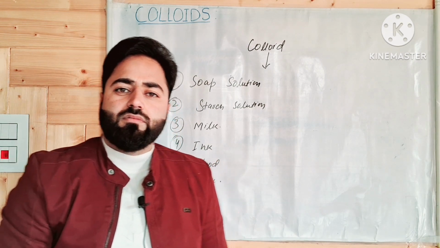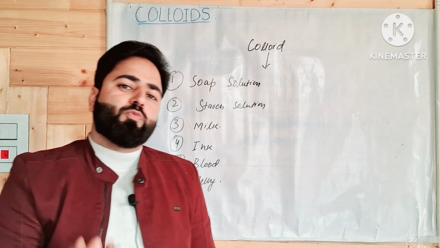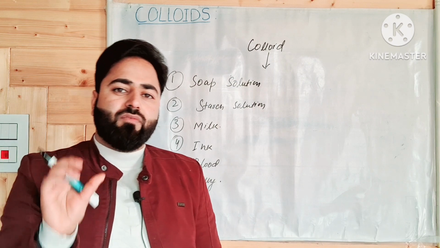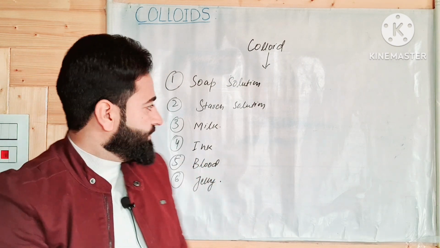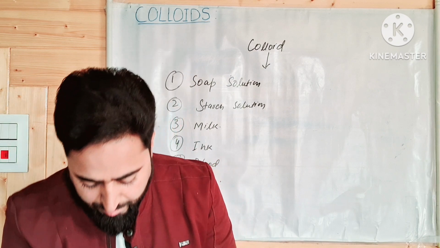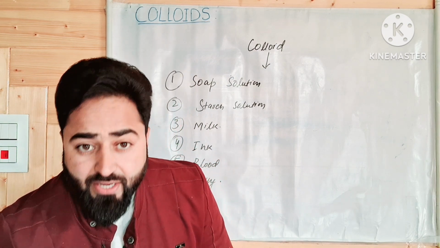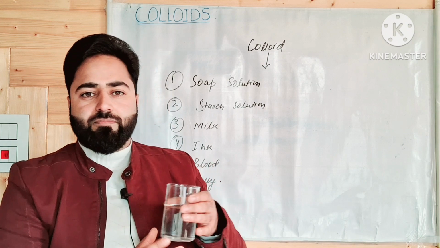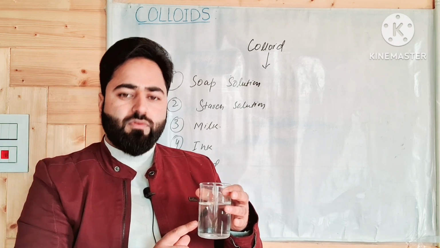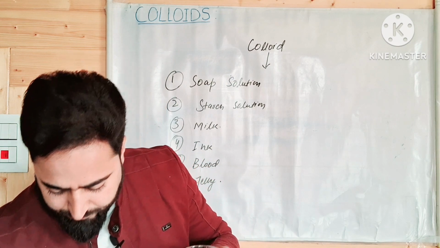Let us make a soap solution so that we can get a practical view of a colloidal solution. For that, I have a beaker containing water. I will mix some soap powder with water in the beaker.